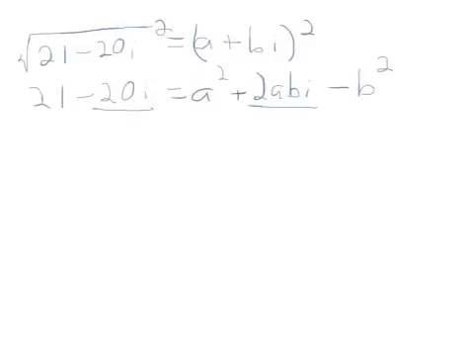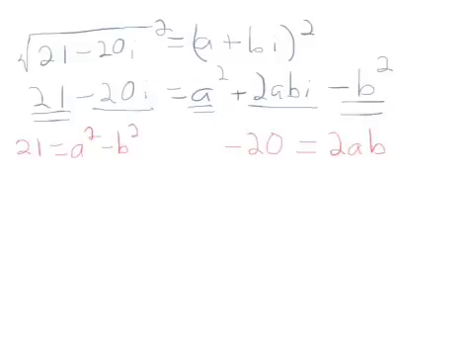So those correspond, and then the other part, the number part, 21, is going to correspond with the number part on the right side, which is a squared minus b squared. So 21 is going to equal a squared minus b squared, and negative 20 is going to equal 2 times a times b.